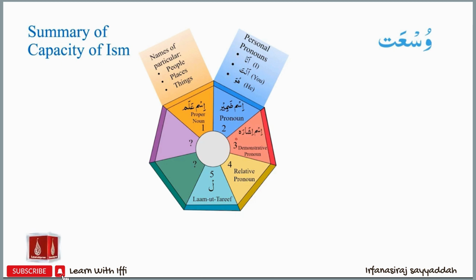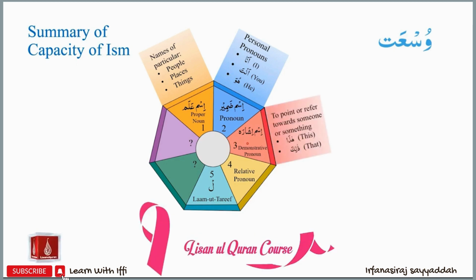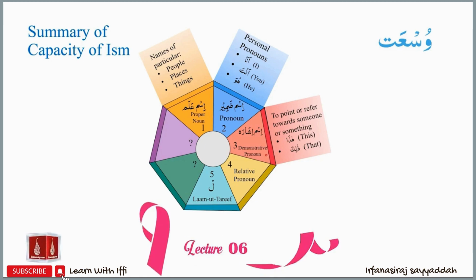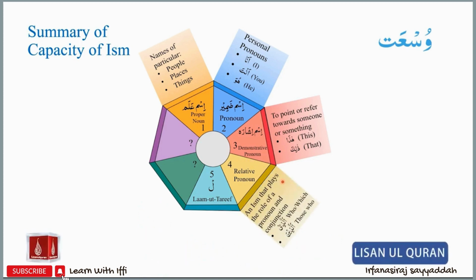The third group is that of Ism Ishara or demonstrative pronouns. These are used to point or refer towards someone or something. For example, haza, which means this, and zalika, which means that. The fourth group included relative pronouns. Relative pronoun is an example of an ism that plays the role of the pronoun as well as conjunction.